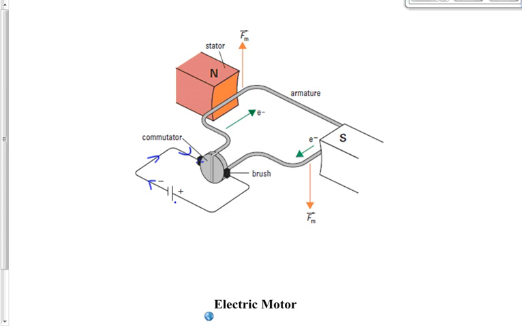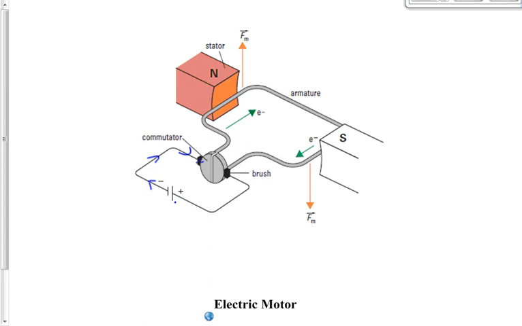This commutator is free to move. The brushes aren't. The brushes stay where they are. So it's touching it. It's able to make an electrical contact, but it's not actually connected to it. It's kind of like we walk past each other, we brush hands. We touch hands, but we're not actually holding hands. We're able to still move past one another.